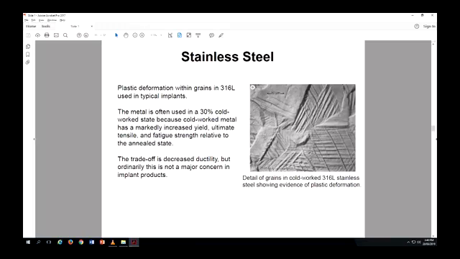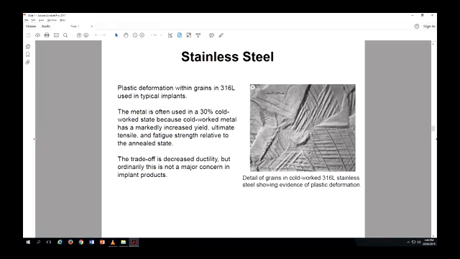So here's another example. These parts are showing you a lot of plastic deformation. So you see that it's like different grain sizes as well, the boundaries, all sorts of stuff you can see here. So there's a trade-off between what sort of properties you're getting.